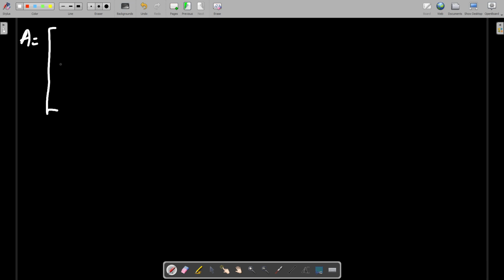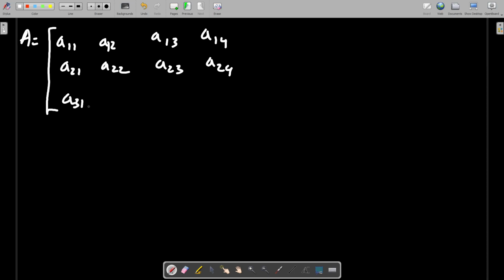So if you have a 4 by 4 matrix here, A11, A12, A13, A14, A21, A22, A23, A24, A31, A32, A33, A34.